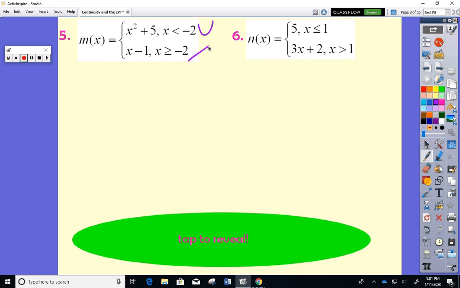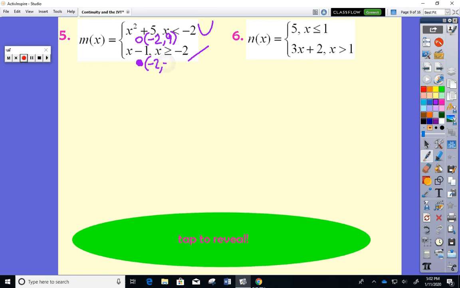Things seem to be changing at x equals -2. If I plug -2 into my first piece, I would have to wind up with an open circle since its x is less than -2, not less than or equal to. And so -2 squared is 4. 4 plus 5 is 9. And then the second piece would start at x equals -2.